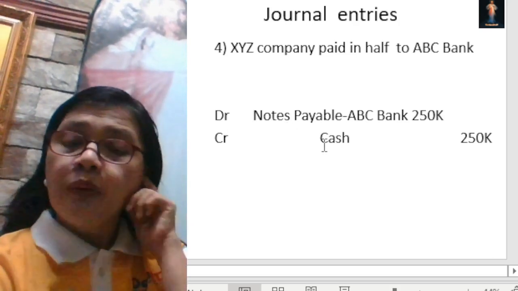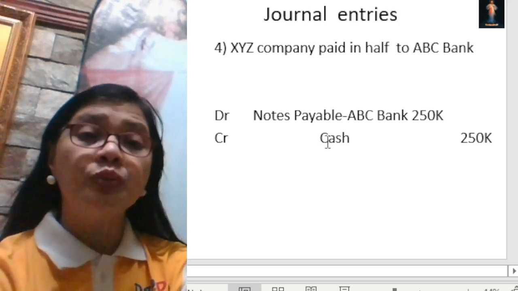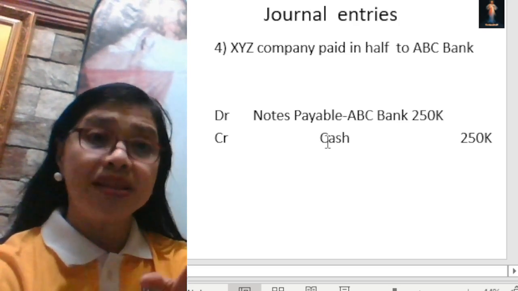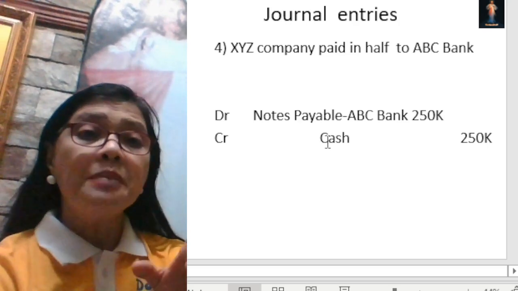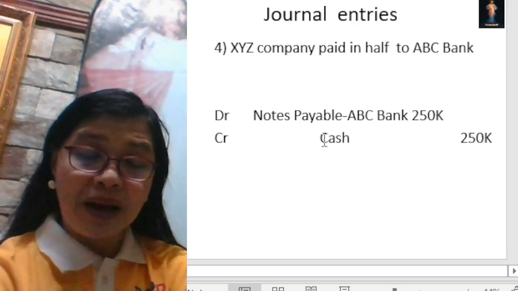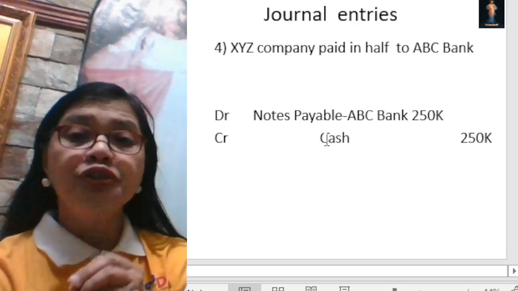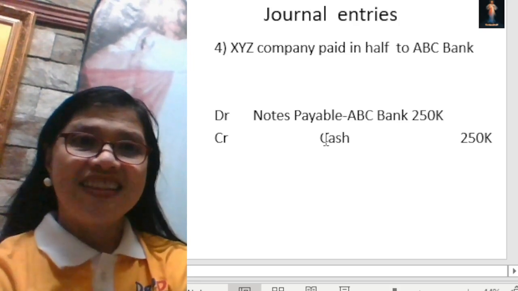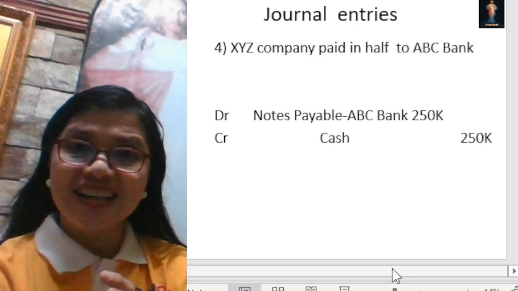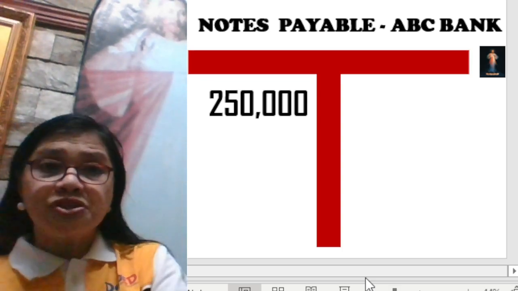And again, why did we credit cash? Because cash is an asset account with a normal debit balance. And because we will reduce the cash of XYZ because you need to pay the bank, you will credit it. Do you get the idea? Okay. So in your T account, it shows like this.